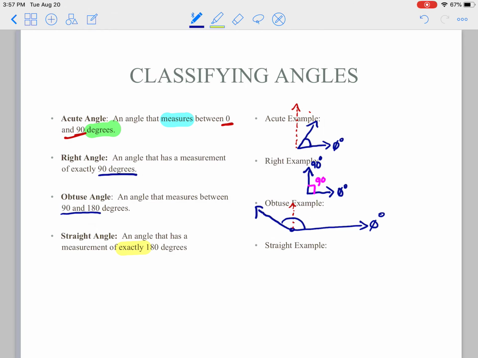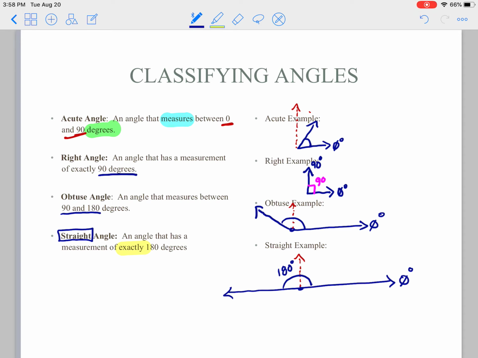So 180 degrees, if I were to draw an angle beginning at 0, and if I know that vertical is my 90 degrees, and I go 90 degrees further, what I'm going to end up with is a line or a ray, actually, because the other side of an angle is a ray that lays flat on the ground pointing in the opposite direction, which means that I have what we call a straight angle, and a straight angle looks like a straight line, and this would be 180 degrees exactly.